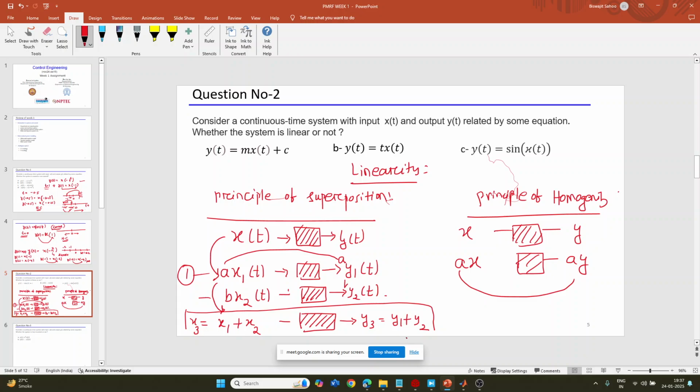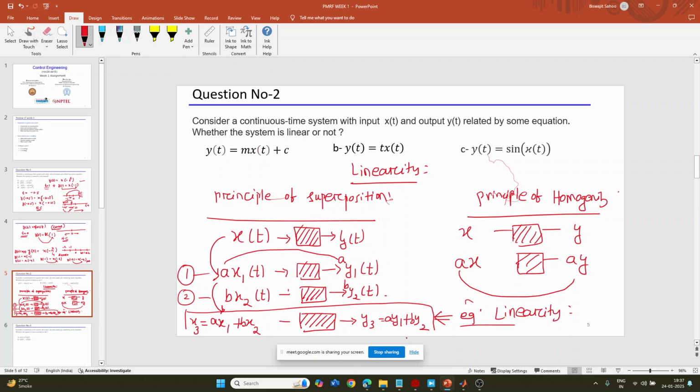If the same b is coming in the output, it satisfies the principle of homogeneity. Then the third person combines these two, a x1 plus b x2. If he gets the output a y1 plus b y2, then this equation is called the equation for linearity.